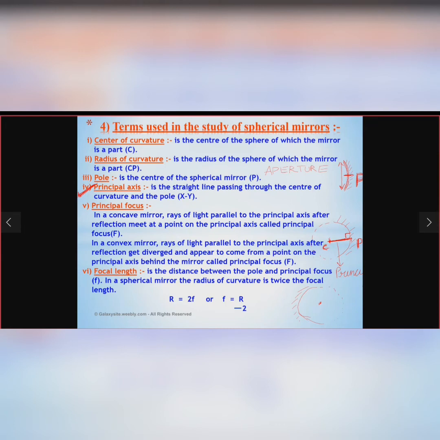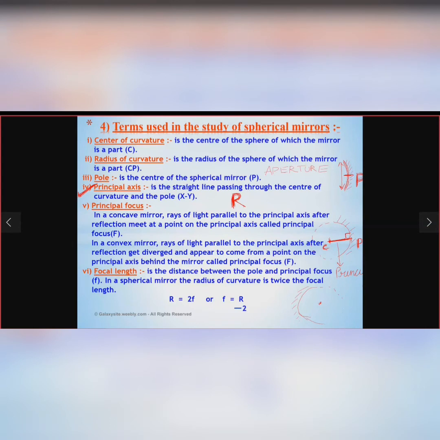Radius of curvature. We can define it as the radius of the sphere of which the mirror was a part. Radius of the spherical surface of which the mirror was a part is called the radius of curvature. It is denoted by a capital R.